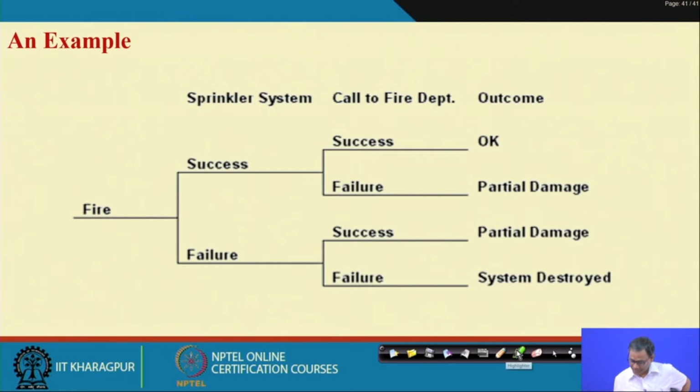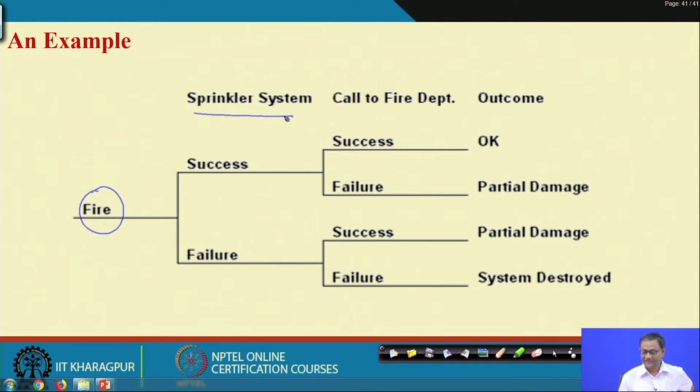Let us see one example first. Fire, this is the top event. Now, we want to explore, if fire occurs, in what way the system will behave against the fire.